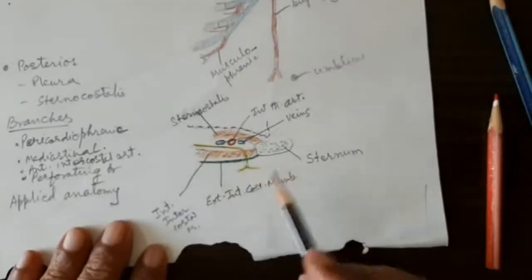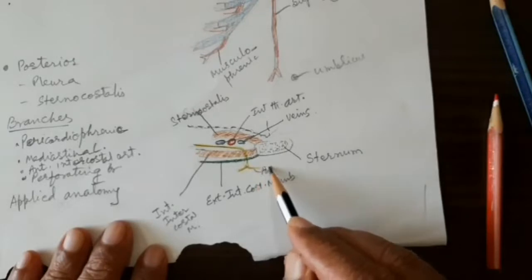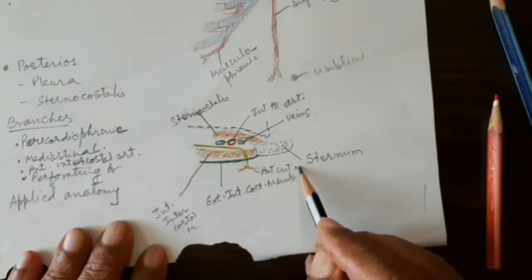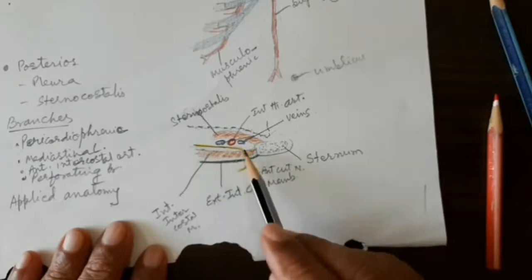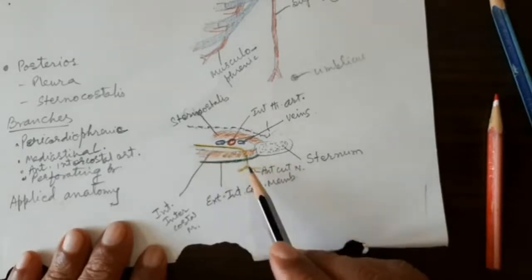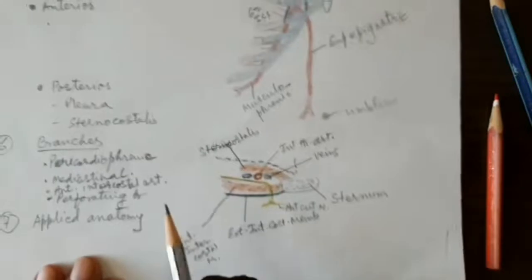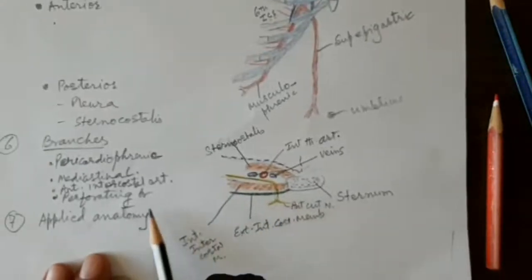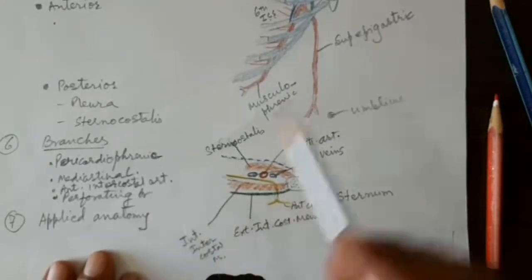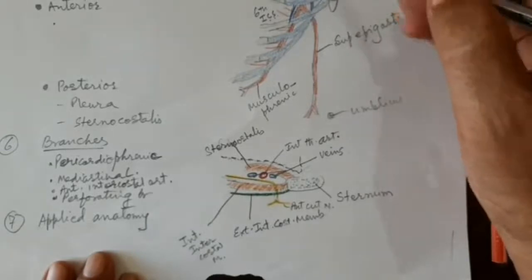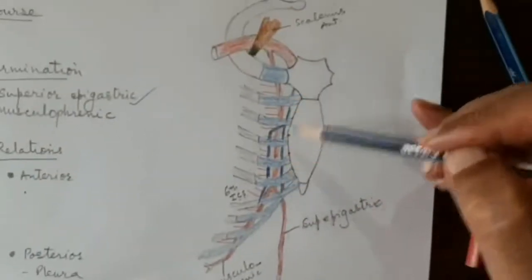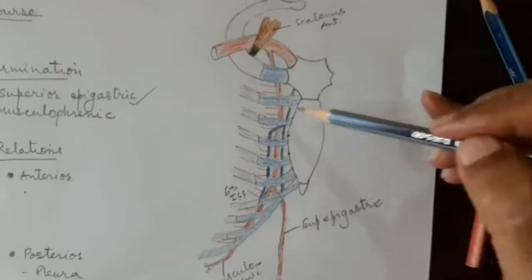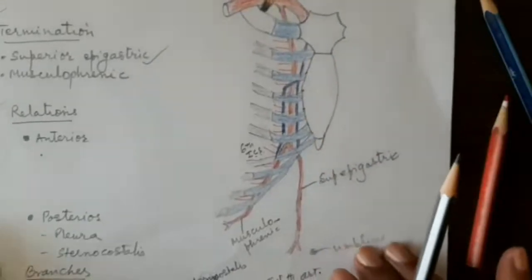Here we have seen the anterior cutaneous nerve just by the lateral margin of the sternum, which is the terminal end of the intercostal nerve. Along with this nerve, these perforating branches come out from the internal thoracic artery in each space, just at the lateral margin of the sternum.